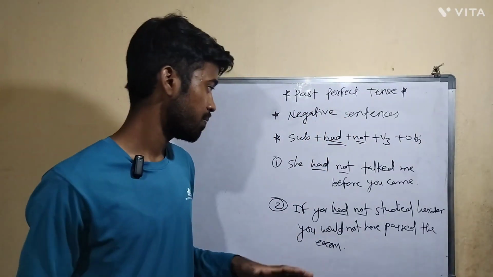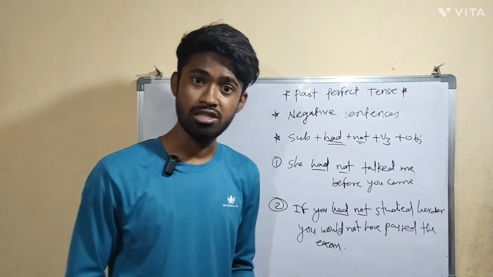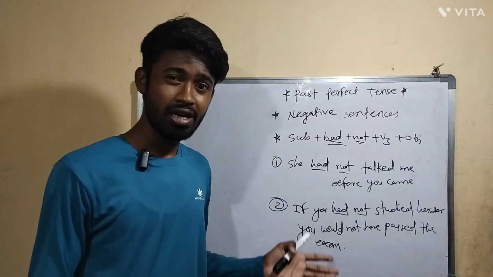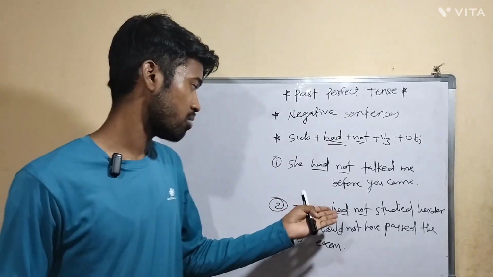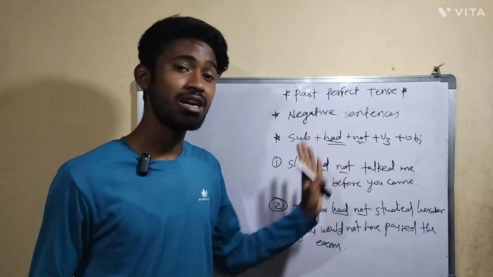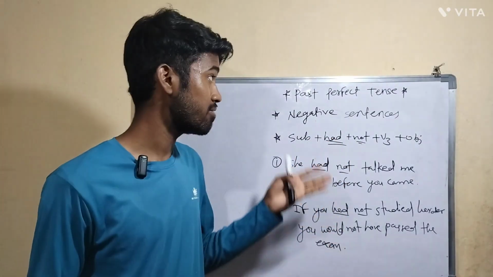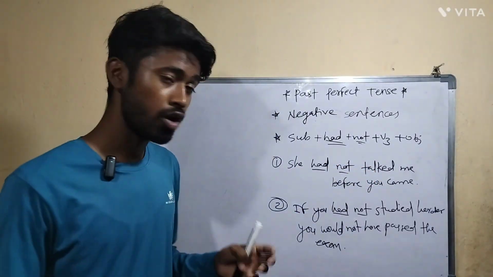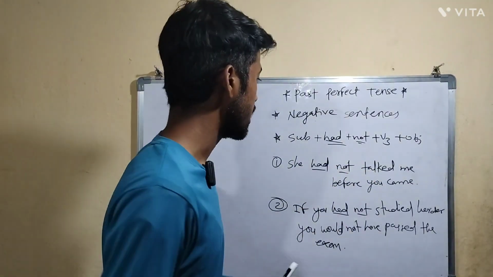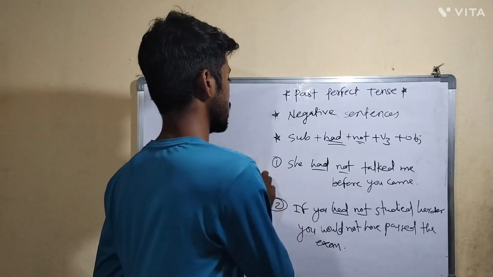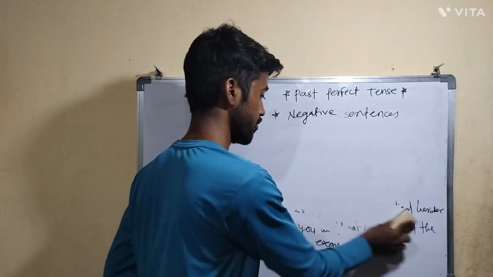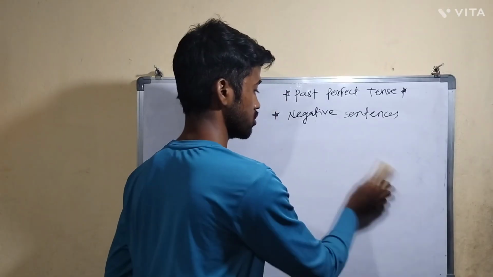Now interrogative is much more simple. I'm not taking more examples because here you just need to add not after the helping verb, and it will become a negative sentence in past perfect tense. So I will not take more of your time. Now let's move to the interrogative. First we will see the verbal questions, and after that we will see the WH questions.